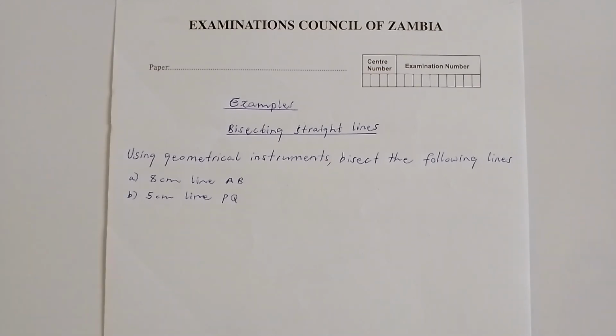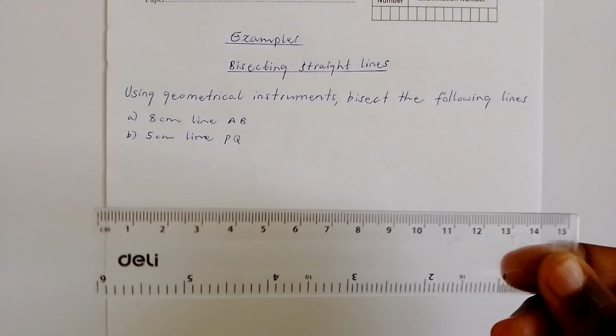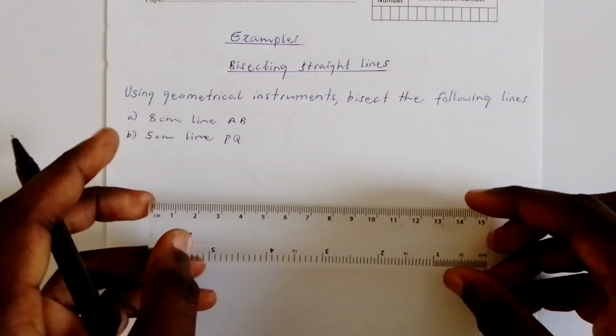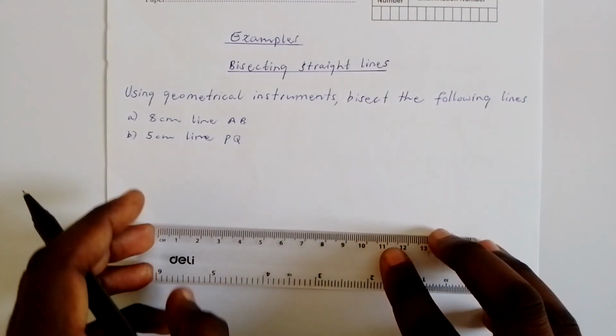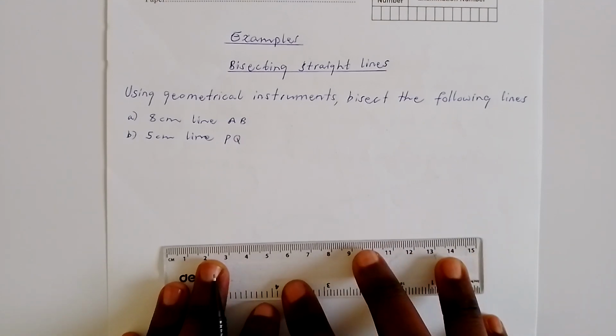So this is what you must do. Okay, so you simply get your ruler as well as your pencil, like this. So you place it on your plain paper.